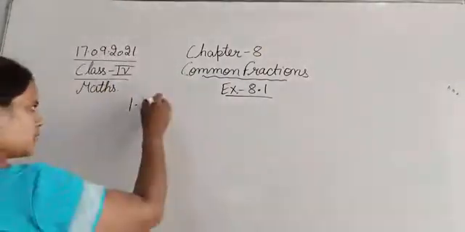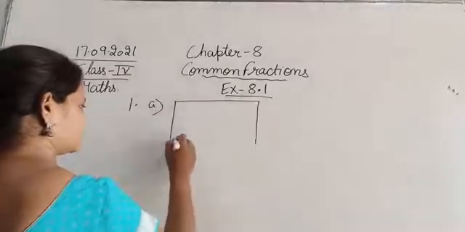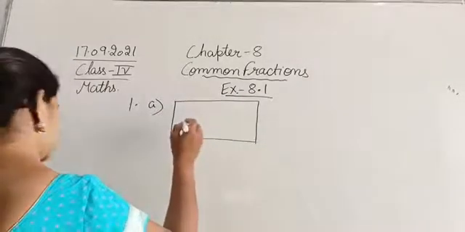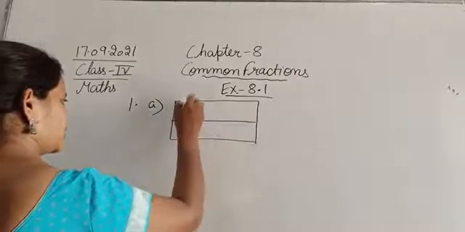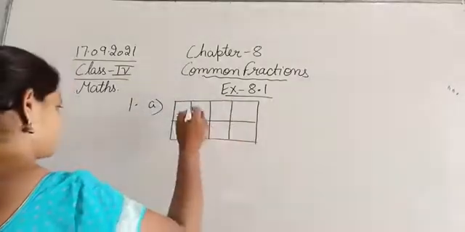Okay, so A is the first figure. It is divided into 1, 2, 3, 4.